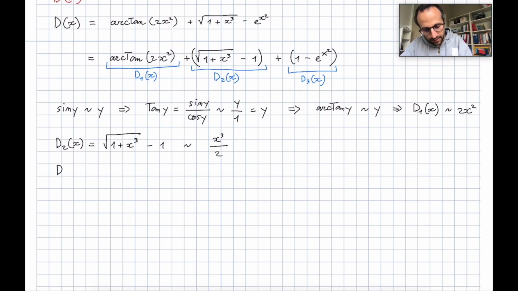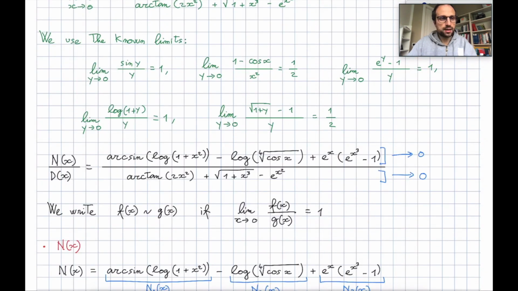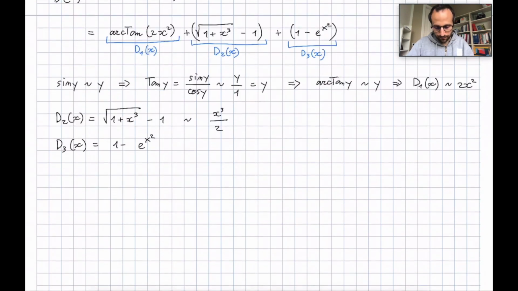Okay, finally, d3 of x. This is 1 minus e to the x squared. Again, we use this formula here. E to the y minus 1 is asymptotic to y. So here I have asymptotic to minus x squared.